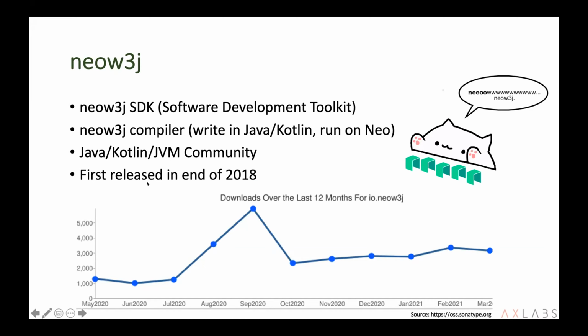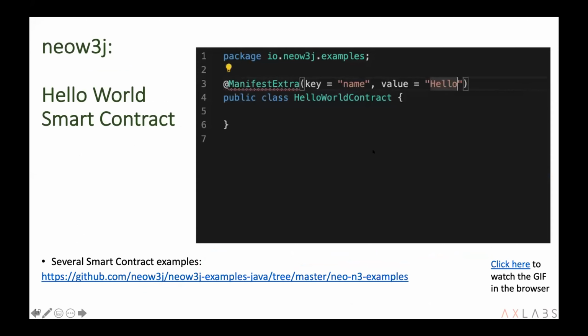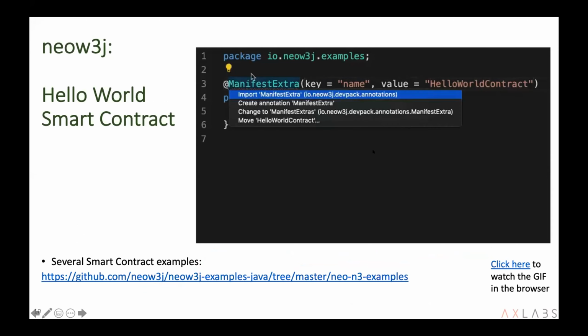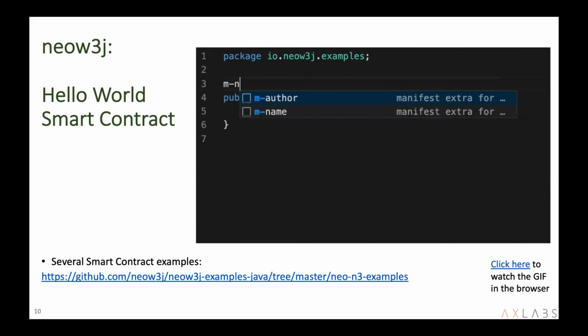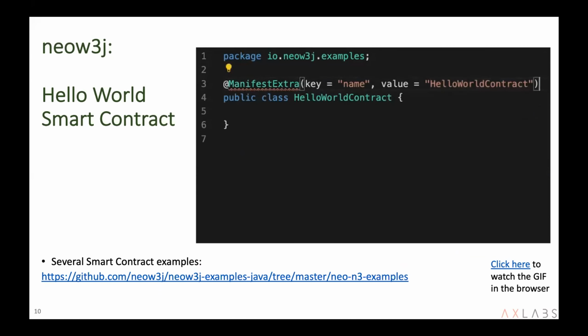The last thing is that Neo3j was first released in 2018, and we have had some traction over time. On average we have between 3,000 and 4,000 downloads per month. It depends on our releases as well. Just to give a very brief introduction, in Neo3j you can write smart contracts as you would write Java code.